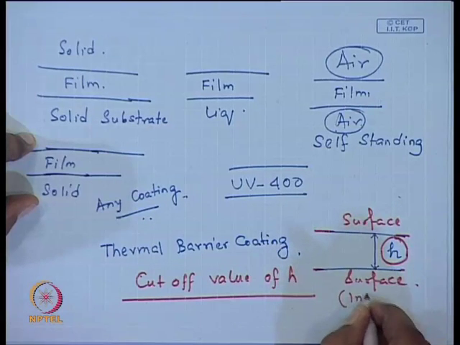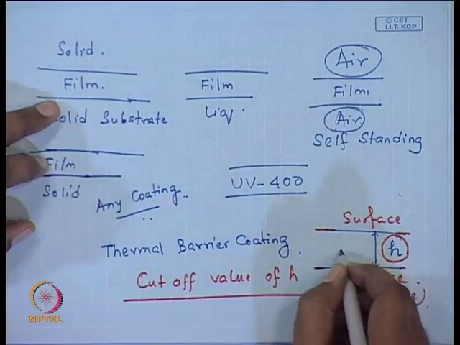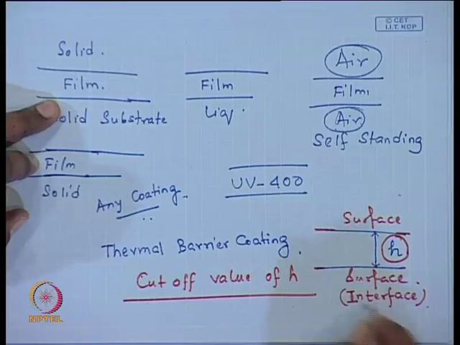As we will see in the next lecture, when a condensed phase is in contact with another condensed phase, the general convention is to use the word interface and not a surface.